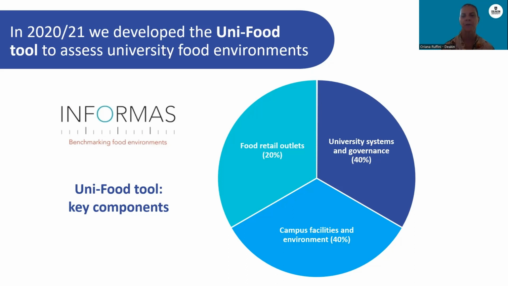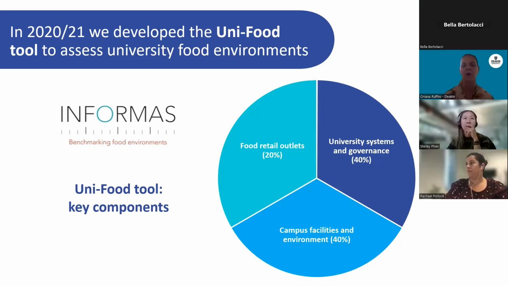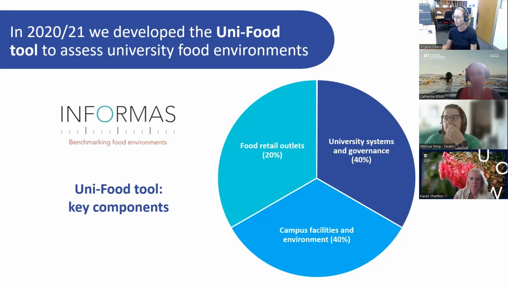The Uni-Food Tool is designed to assess the extent of policy and practice implementation at a particular university, taking into account attributes such as comprehensiveness, quality and reach, and to help universities interested in improving their food environments to conduct a self-assessment to identify opportunities for improvement and to monitor their progress.